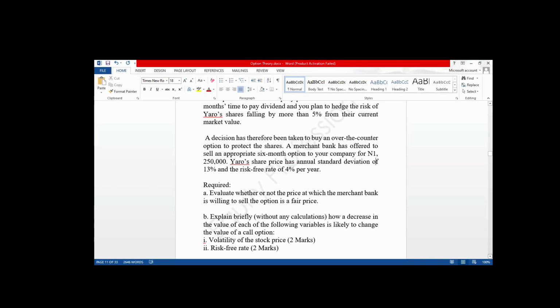Please look at the question. Before we go into this solution, to what extent do you understand this question and the examiner requirements?